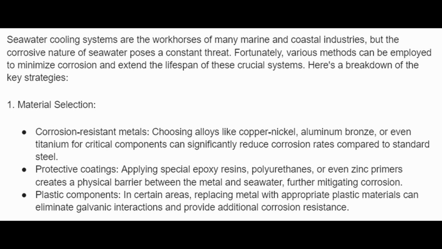Protective coatings: applying special epoxy resins, polyurethanes, or even zinc primers creates a physical barrier between the metal and the seawater, further mitigating the corrosion. Plastic components: in certain areas, replacing metal with appropriate plastic materials can eliminate galvanic interactions and provide additional corrosion resistance.